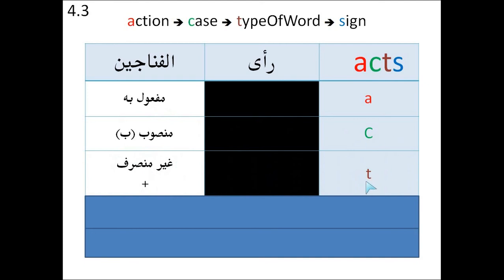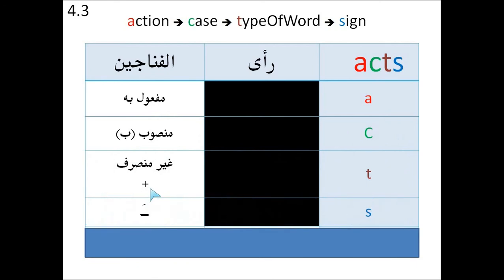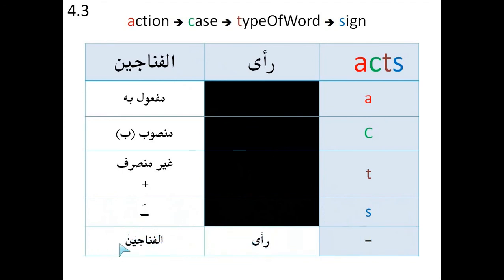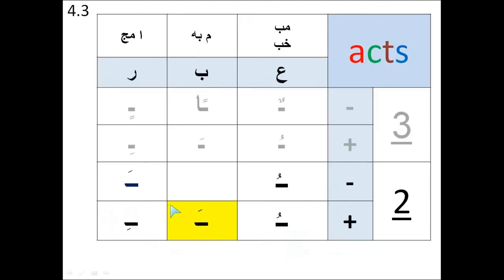That's the type, ghair munsarif, and it is ma'rifa, or definite, because it has the alif lam. And therefore the sign is going to be a fatha. We will write ra'a al-fanajina. And if we look at this, here, a ghair munsarif word, which is ma'rifa, takes a fatha. Just like a munsarif word, when it's ma'rifa, in the mansub column, also takes a fatha. So these two are exactly the same.